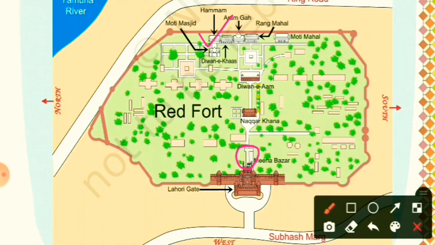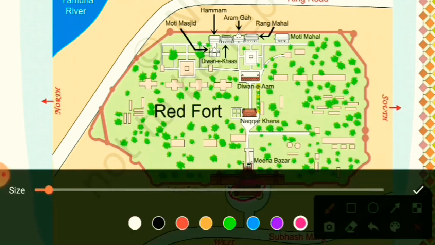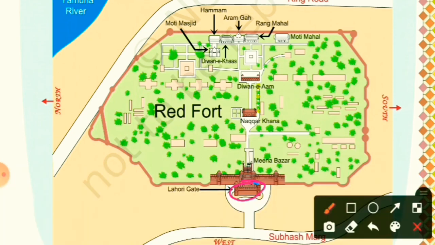Now the next question is about how far is Lahori Gate from Diwan-e-Khas. So first we have to find out Lahori Gate. This one is Lahori Gate. Okay, this is Lahori Gate, and this one is Diwan-e-Khas.